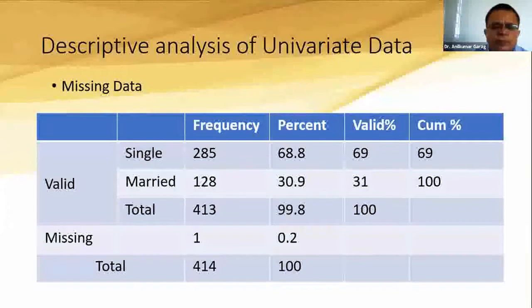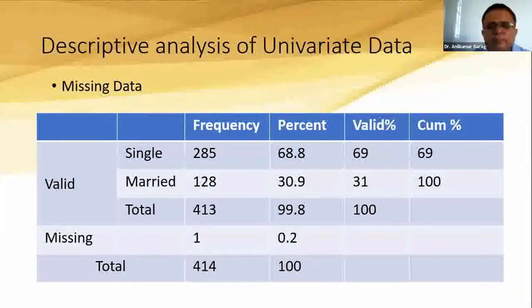Total comes to 414. And you find as a percentage, 68.8% people have declared themselves single, 30.9% have declared themselves married. Total comes to 99.8, that is 0.2% missing. But when you look at valid percent, SPSS gives you this kind of an output. So valid percent, 69, 31, that's 100%.